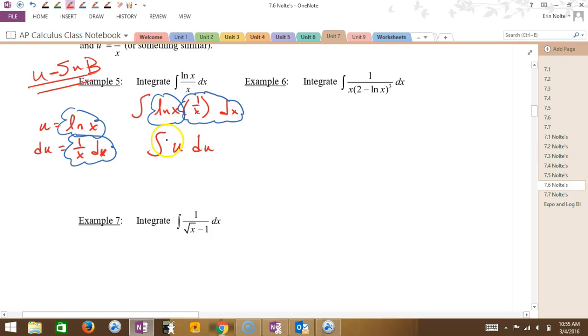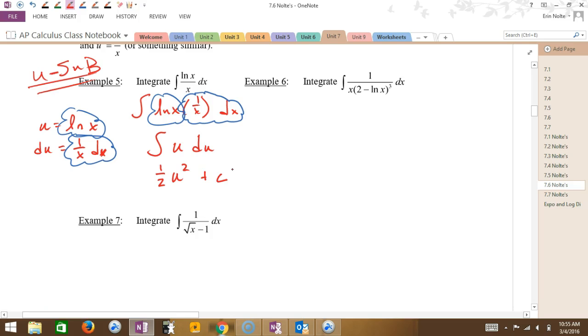What's the integral? So 1/2 u squared? Oh, you just add, remember, just basic integration. You just add 1 to the exponent and divide by that number. Good job, man. Okay, I just did a basic integral.